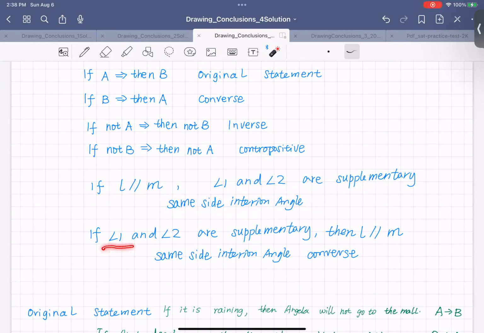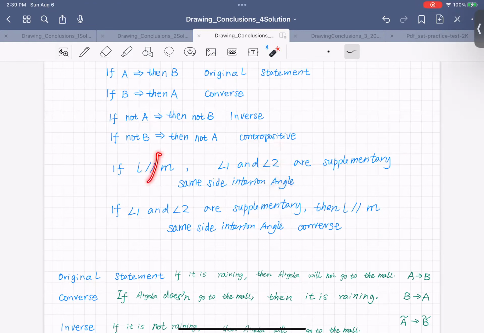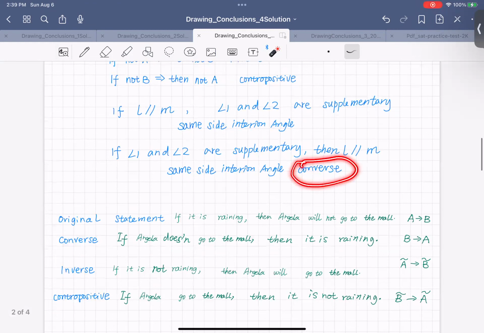If we say angle 1 and angle 2 are supplementary, then we say L and M are parallel. We will see same side interior angle, but we put the converse. Did you guys see? That's the reason we need to put the converse here, because we are switching A and B, correct? The A and B was switched. That's why we say this converse. Make sense, everybody? That's the reason we put the converse, okay?